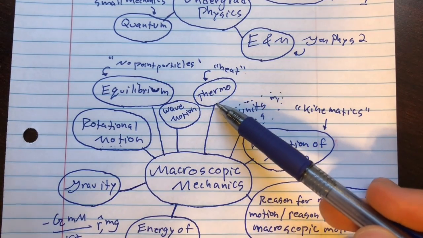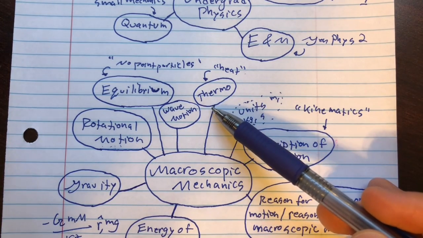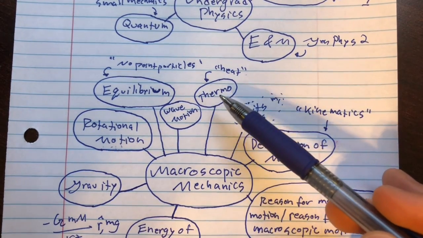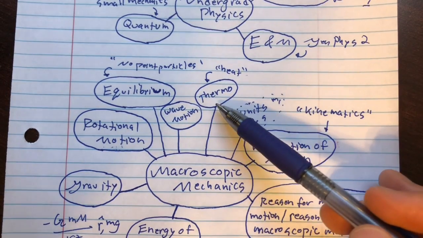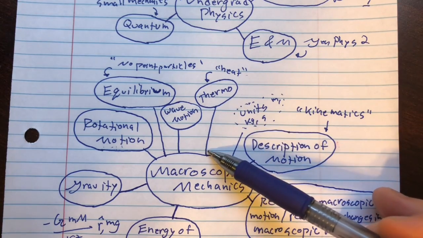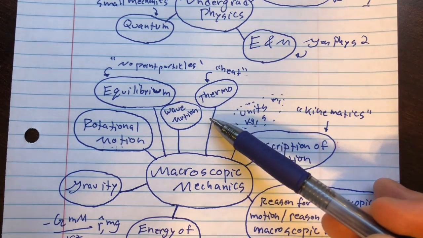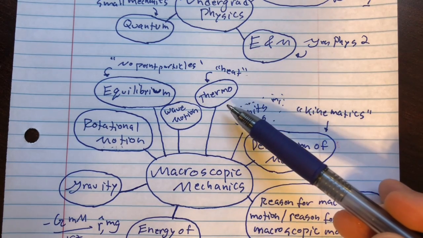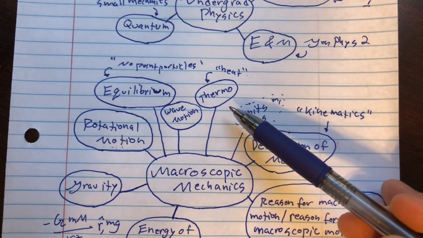Thermo is actually a super important area of physics, because it's so general. It makes super general claims, such as entropy in a general sense always has to be increasing.